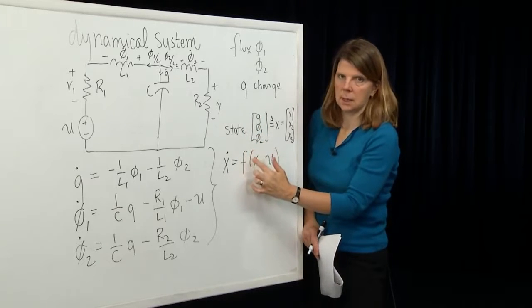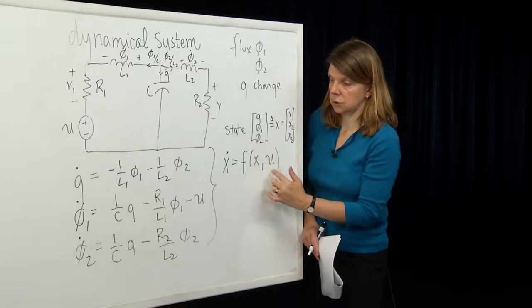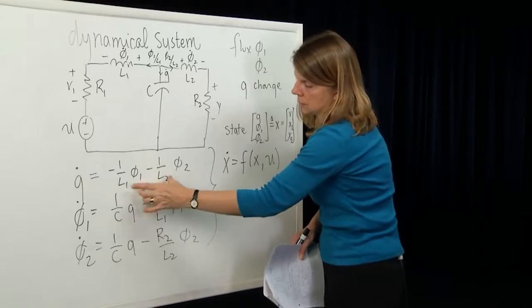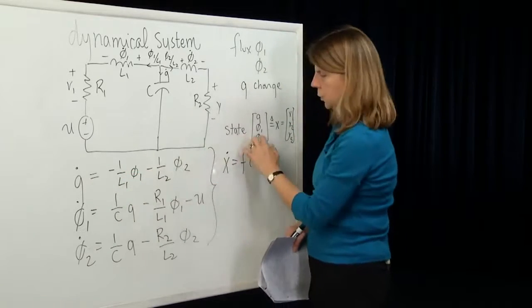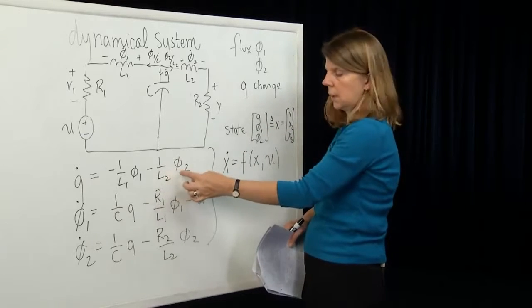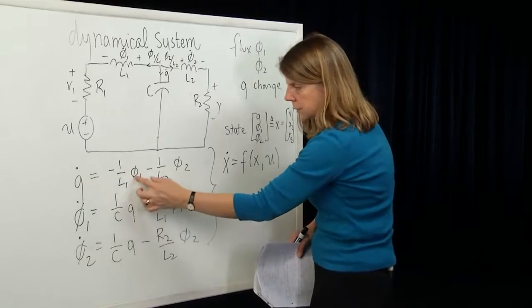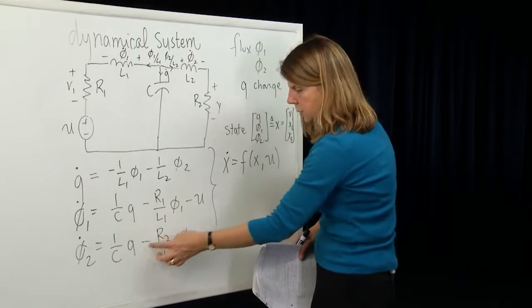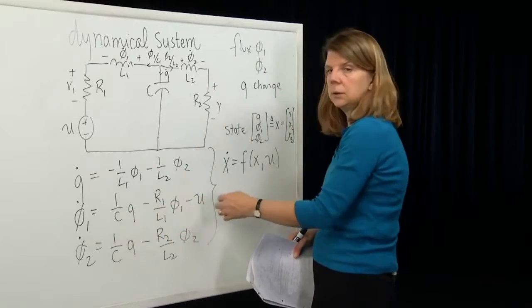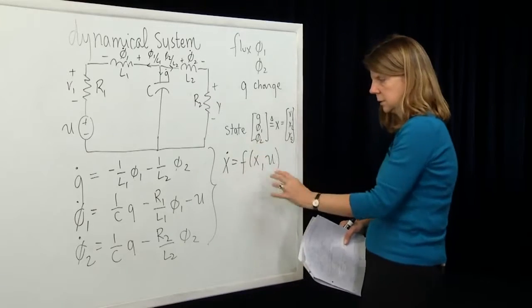And on the right-hand side, I have a vector-valued function where the elements of the vector are functions such as minus 1 over L1 x2 minus 1 over L2 x3, of x1, x2, x3, and u. So it fits into this form here.